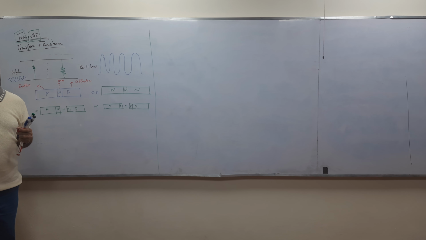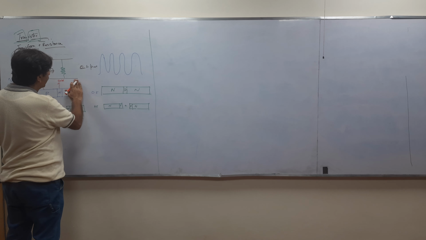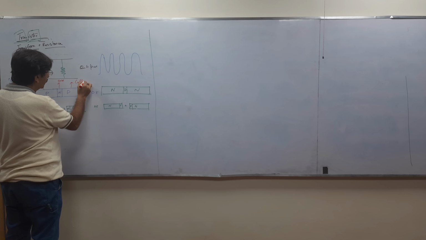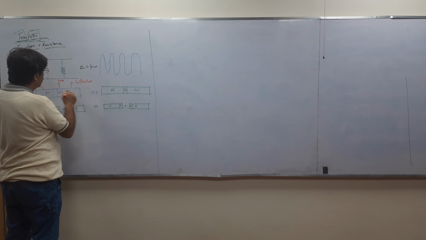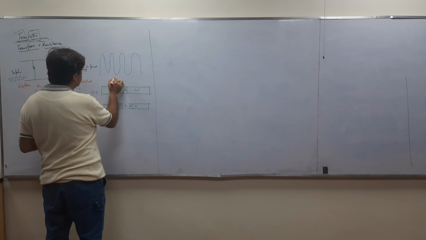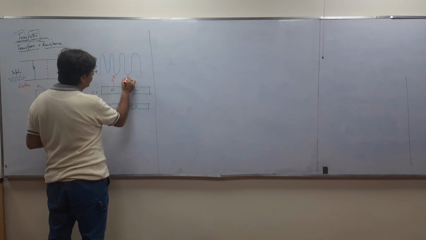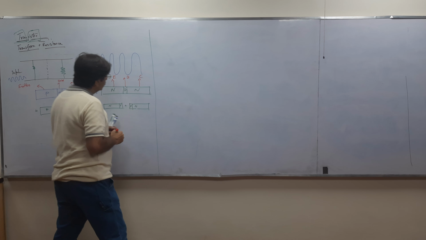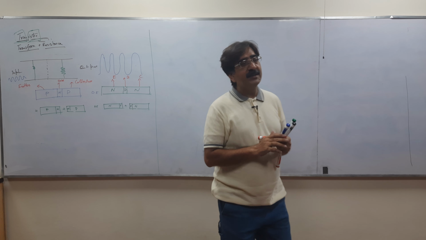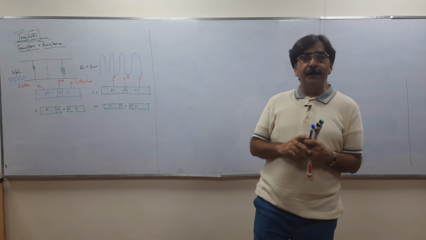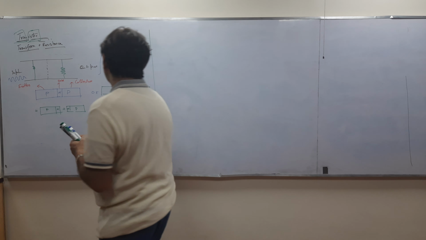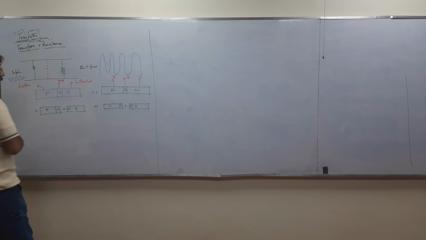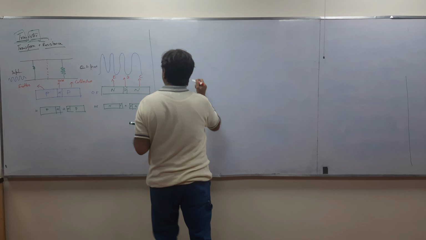This central part is defined as the base, and the last part is defined as the collector. The same is true for this one. This is the emitter part, this is the base, and this is the collector. Emitter is represented by E, base is represented by B, and collector is represented by C.